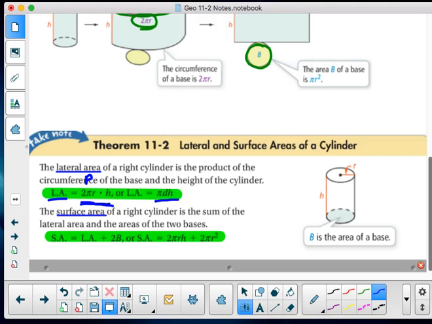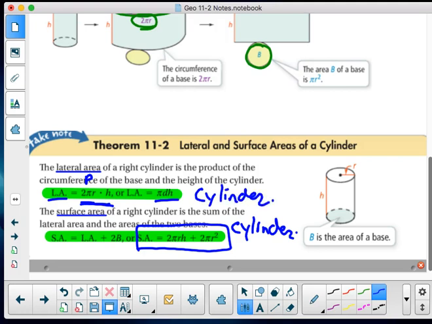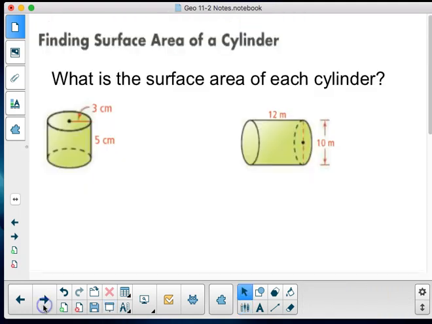My surface area is my rectangle area plus the area of my two bases. This is surface area for a cylinder, and this is lateral area for a cylinder. Remember, this is cylinder and cylinder alone. Do not use these formulas for anything else, because they won't work for anything other than the cylinder.